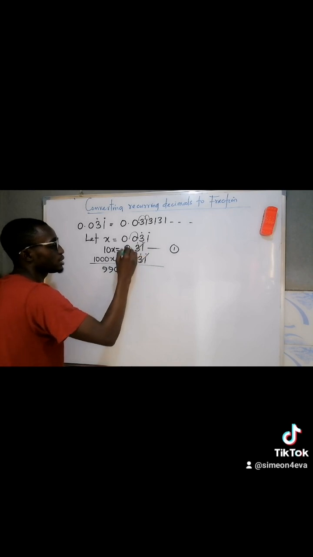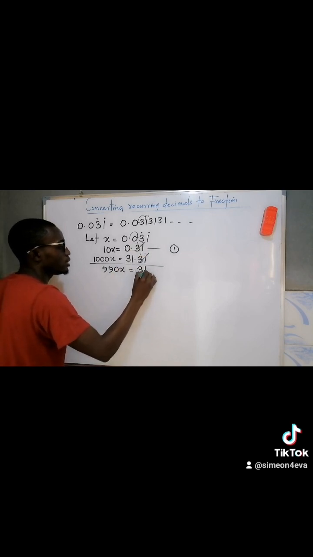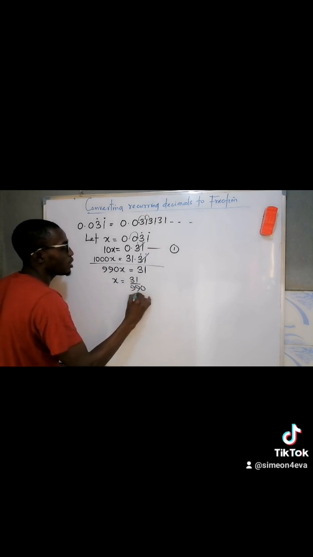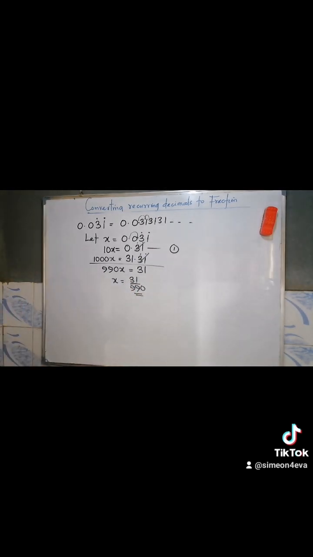This should take care of this. 31 minus 0 is what? 31. So the value of x is what? 31/990. So you can use your calculator to get this too. If you get 31/990, you use your calculator, you divide 31 by 990, then you have this value.